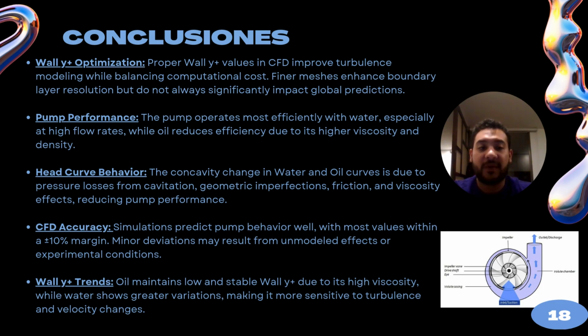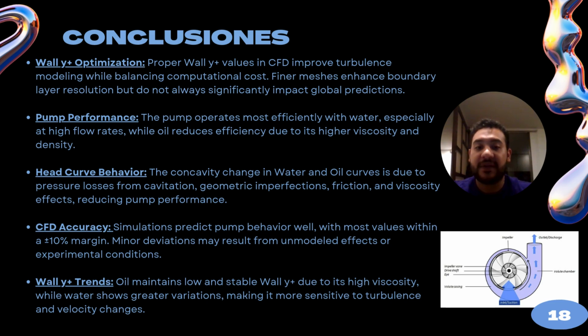The pump performs best with water, especially at high flow rates, while oil reduces its efficiency due to its viscosity and density. In terms of head analysis, we observe that the concavity shift in water and oil curves is likely due to pressure losses from cavitation, geometric imperfections, and viscosity effects.